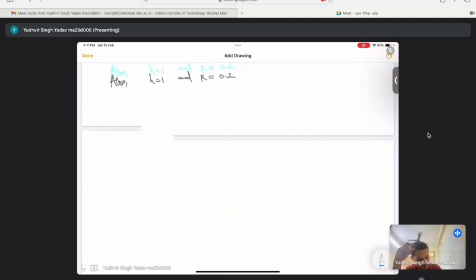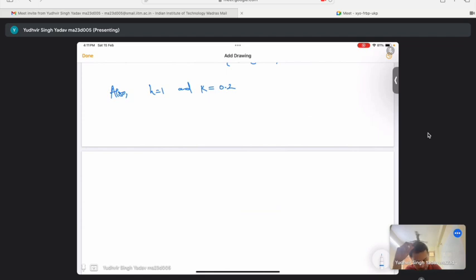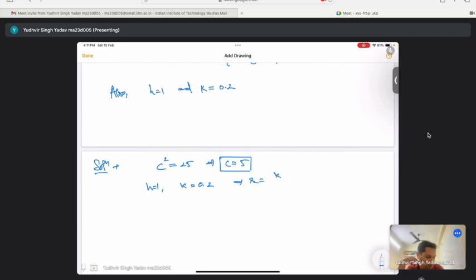First, we will note down what we have. We have the value of c square equals to 25, which implies c is 5, h is given to be 1, k is given to be 0.2, which implies r is going to be kc by h, that is 1 by 1 equals to 1. So r is also 1.